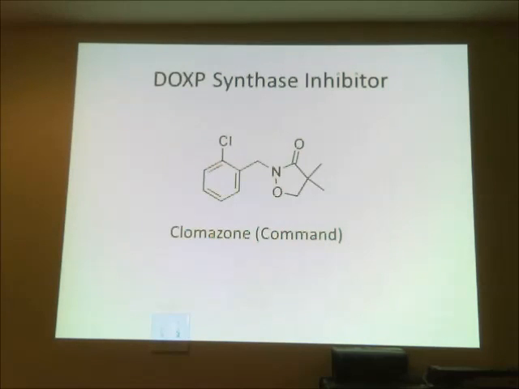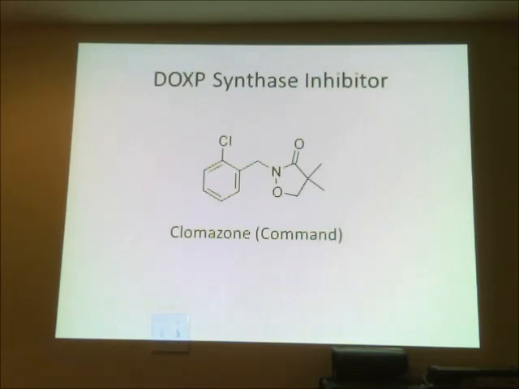Here is a compound called Command. This is an oxazolone. That's the name of the ring system. This oxygen, nitrogen. So this would be called oxazolinone is the name of that ring system. So they have fairly complex names, but this is sold under the name of Command, or clomazone is the generic name for this particular compound.